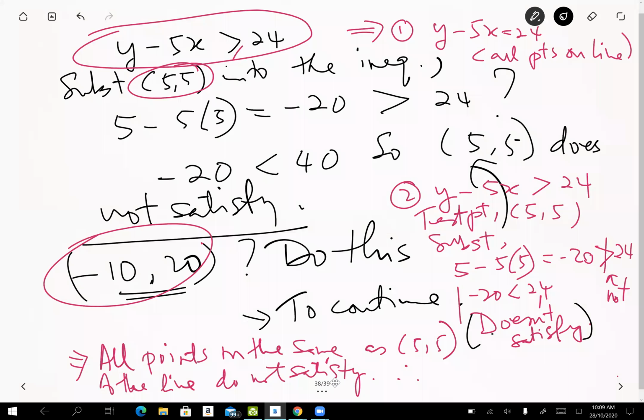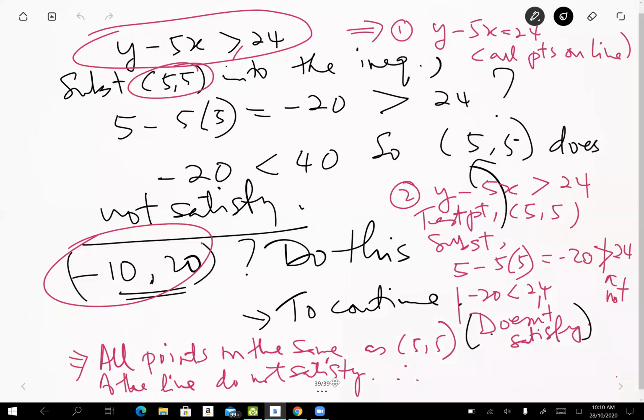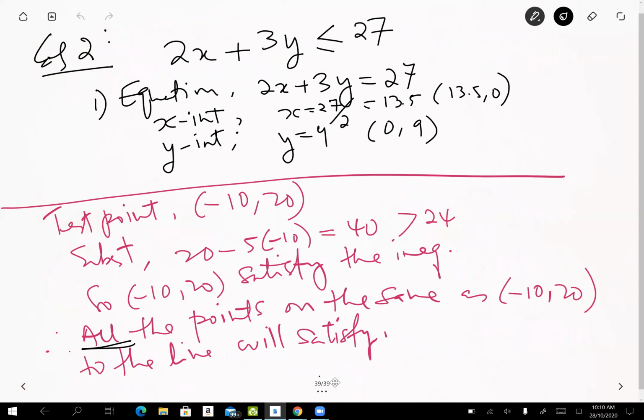Do we need to test another point on the other side? That's my question. No. What do you think? No. You don't have to. If you want, of course you can, but you don't have to. So you know, all right?